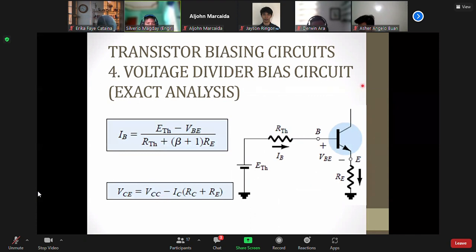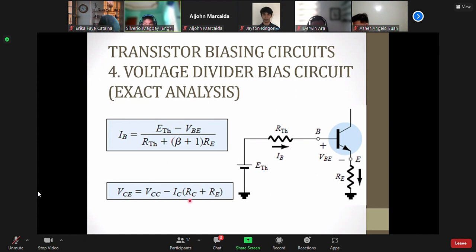Then we can proceed with the KVL on the base to emitter loop and then the collector to emitter loop. IB is now your ETH minus your VBE over your RTH plus your IERE, but we have the relation of beta plus 1 times your IB is your IE.